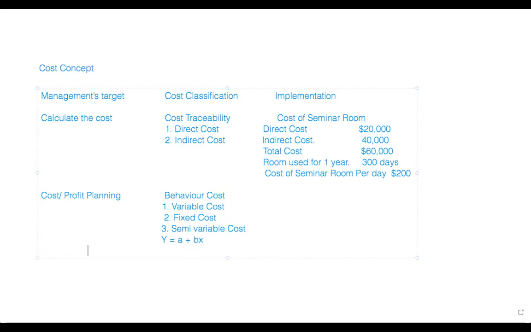Y in here is the total cost, a is the total fixed cost, b is the variable cost per unit, and x is the output driver of the activities.